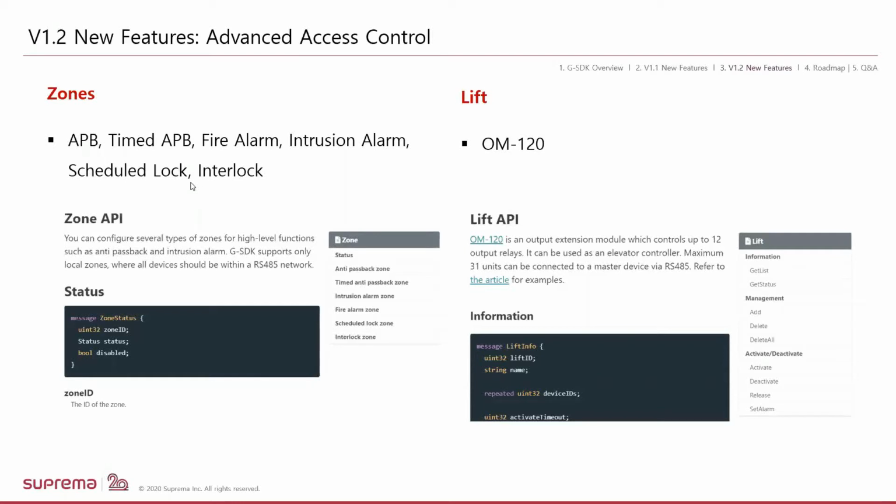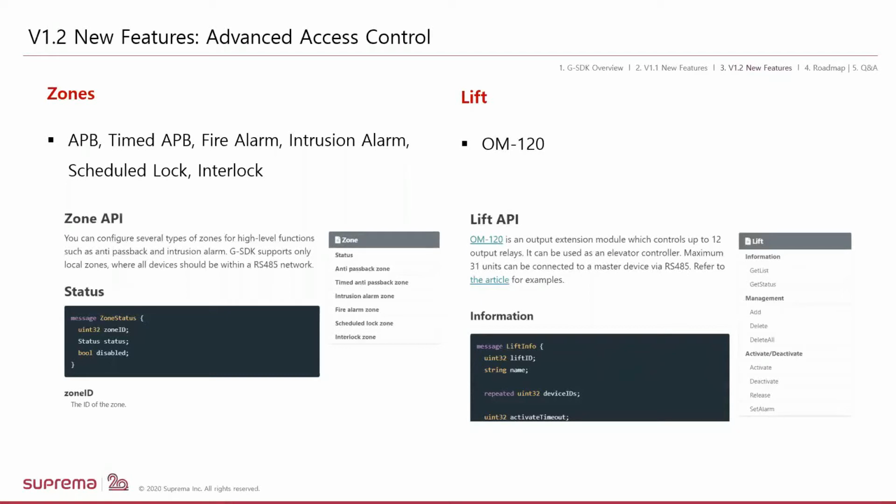But there's one limitation in our zone support in GSDK. The GSDK only provides local zones. As you already know, there are 2 types of zones. Local zones mean that all the devices of a zone should be connected by an RS-485 network.